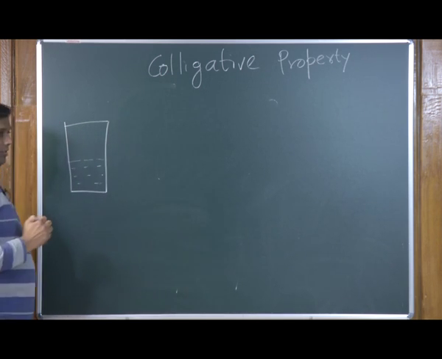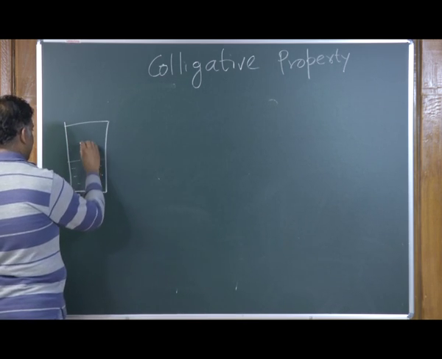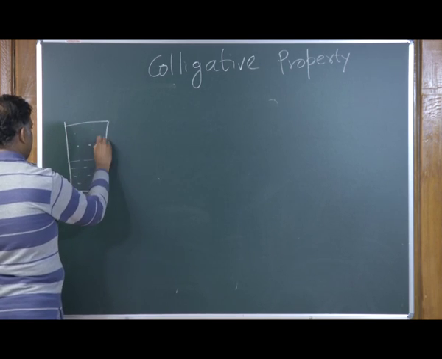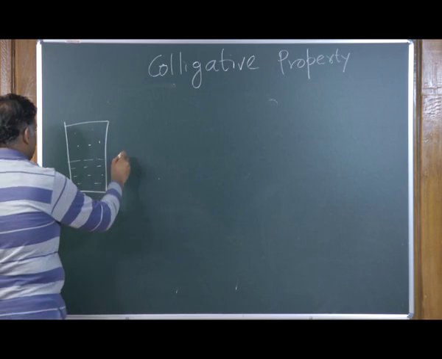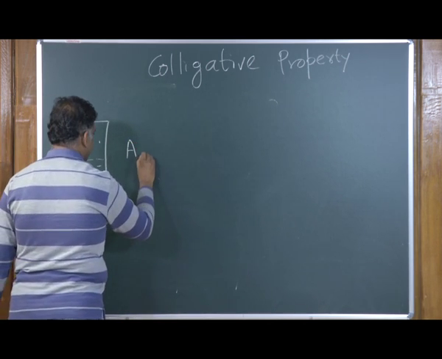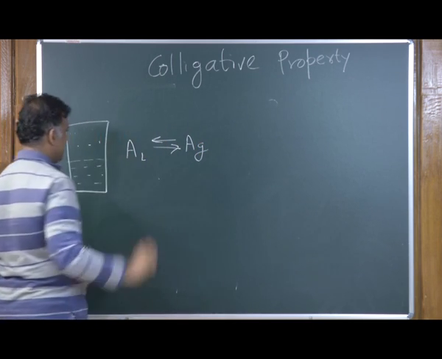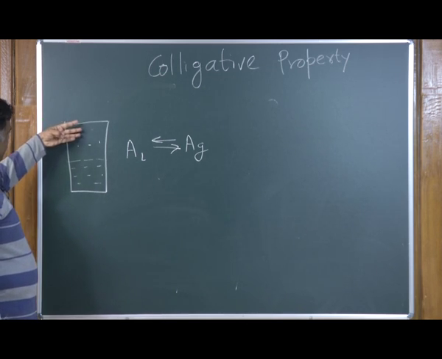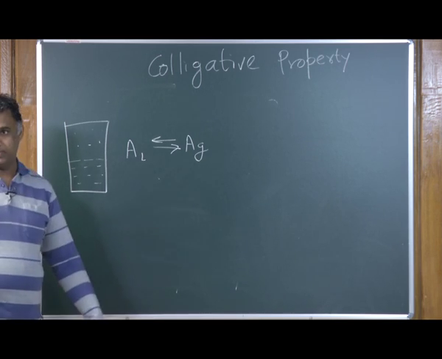that this solvent is going to evaporate, and the solvent from the liquid phase is going to go into this vapor phase. Let us say this is a compound A in a liquid phase and goes to the gaseous phase, and this is a dynamic equilibrium, and it will reach equilibrium, and at this point whatever is the pressure exerted by this gas on the surface of this liquid, that will be called vapor pressure.